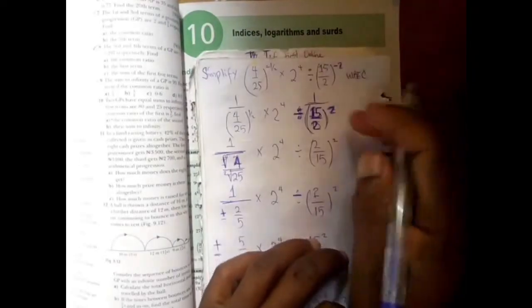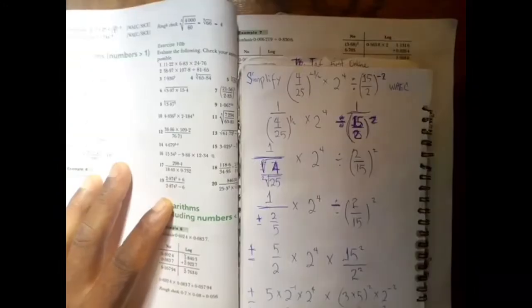So going back to our set, we're going to be simplifying some equations. Looking at indices and logarithm here, we picked some equations. We are going to be solving some of the WAEC equations here.